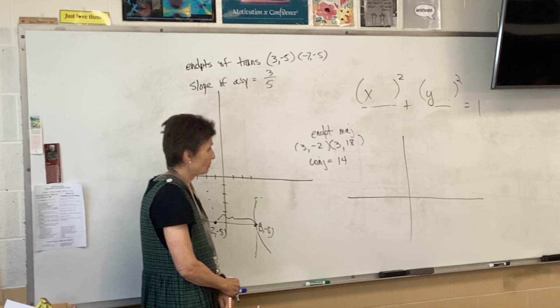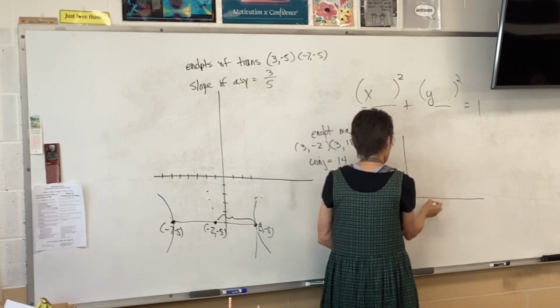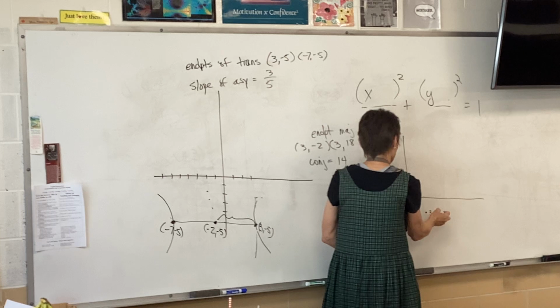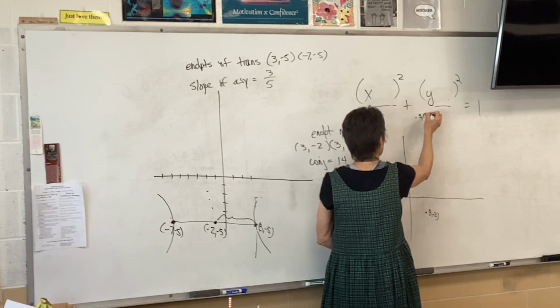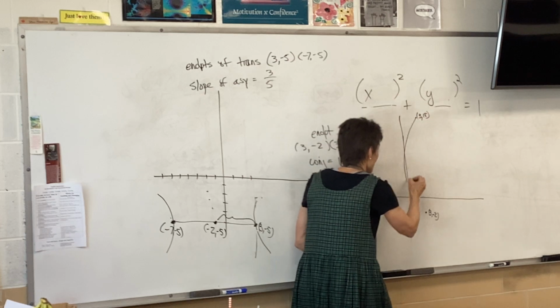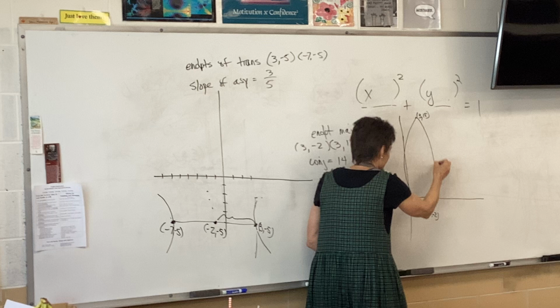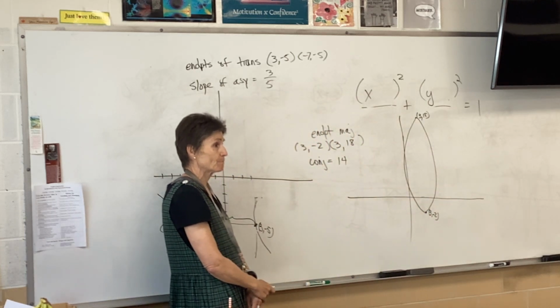All right, so here we go. Endpoints of the major: (3, -2) and (3, 18). Now that is my major axis, so whatever the ellipse looks like, it's going to be like that. Would you agree with that, Xavier?